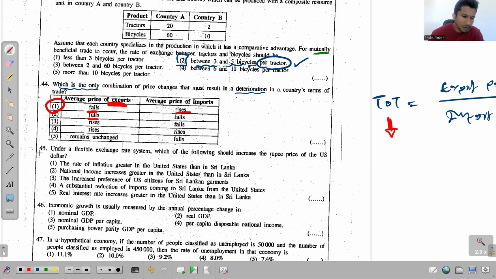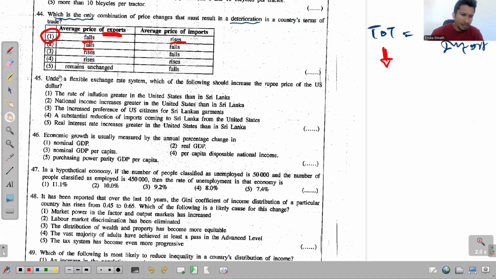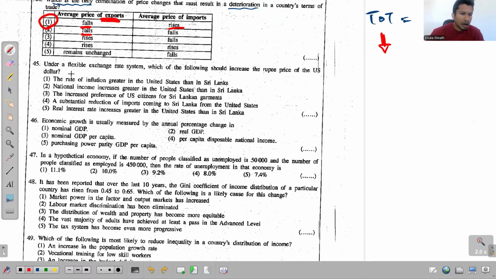Now we will move to question 45. It says, under a flexible exchange rate system, which of the following should increase the rupee price of US dollar? All right, so an increase in the rupee price of a US dollar means depreciation of the rupee, or in other words, appreciation of USD. So let me show you one example.